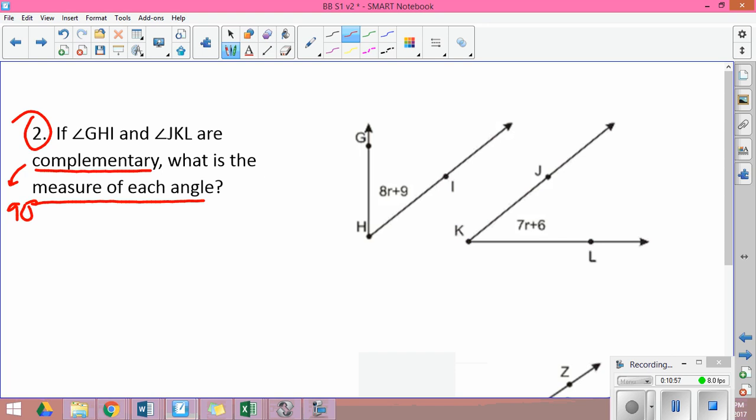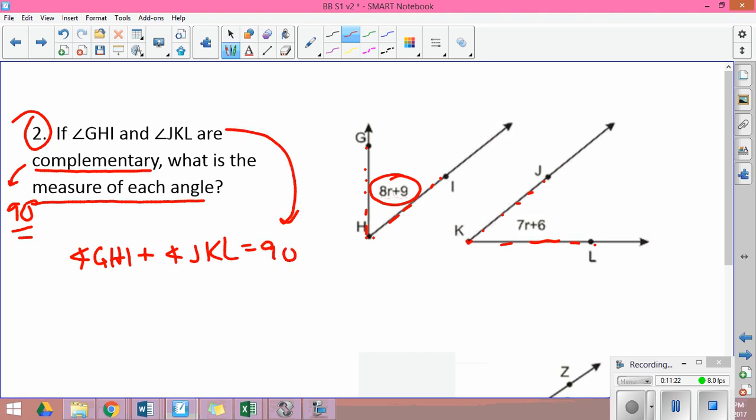So we have this relationship of complementary. GHI and JKL add up to 90. So let's go ahead and write that. Angle GHI plus angle JKL equals 90. That's the words to an equation.